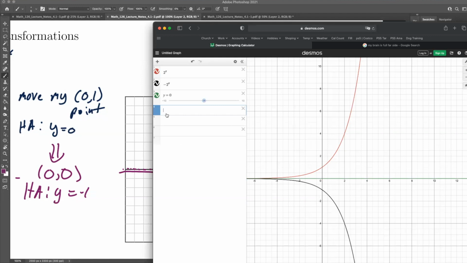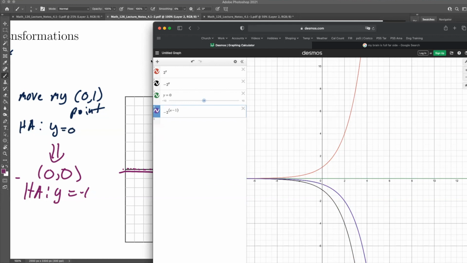Then I'm going to do the other step, which is I'm going to take negative 2 and raise it to the x power. Okay.